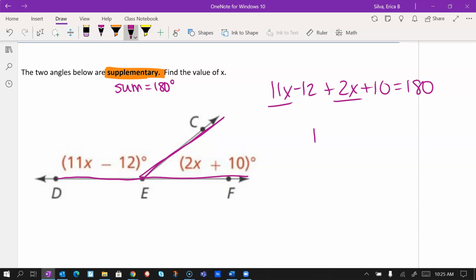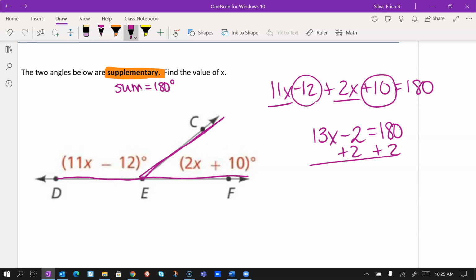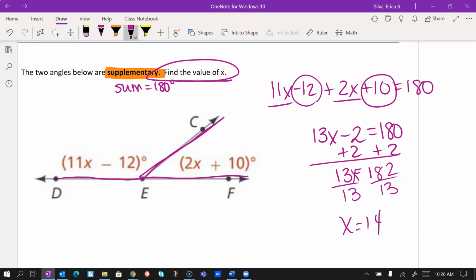So 11 plus 2 is 13x. Negative 12 plus 10, negative 2. And then we're going to add 2, we get 182. And 182 divided by 13 is 14. We go back to our question. It's just asking us for the value of x, so then we can stop there. X is 14.